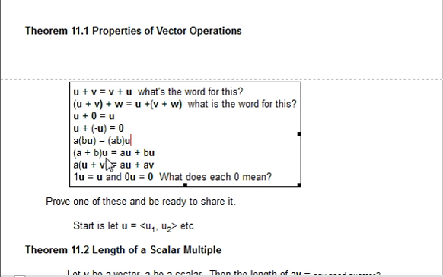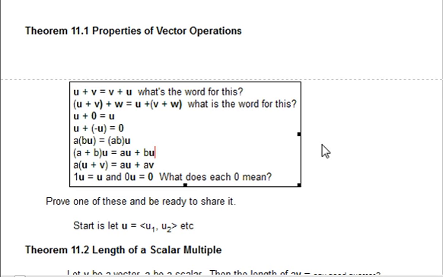Here's an interesting one. Can we say that scalar multiplication distributes over scalar addition? That's kind of weird. But the scalar a plus b times vector u is the same as the scalar a times u plus the scalar b times u. And scalar a times vector u plus v is scalar a times vector u plus scalar a times vector v.